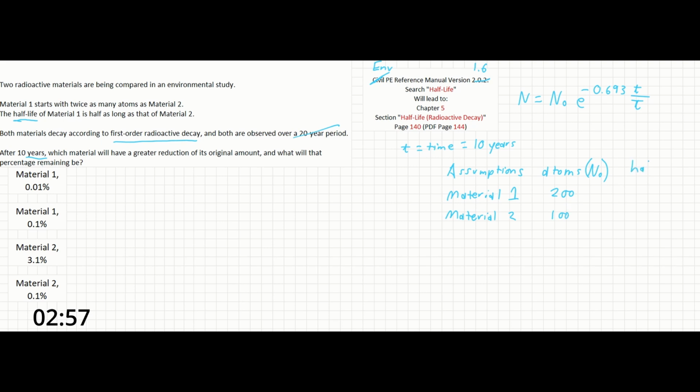Next, the half-life. Same thing. The half-life of material 1 will be half as long as that of 2. So let's just make this 1 year and this 2 years. And now all we have to do is solve this equation above for each one.